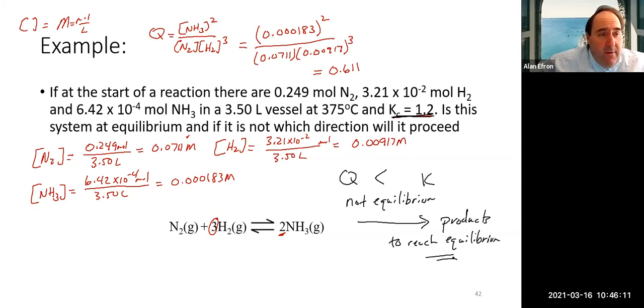Clearly, you can only calculate Q if you have enough information to do so. If you're not given information about everybody in the reaction, there's no way you could possibly calculate Q. So this is one application of Q. What we're going to talk about next, we will come across another application of Q as well. So keep that in mind as we come across it.